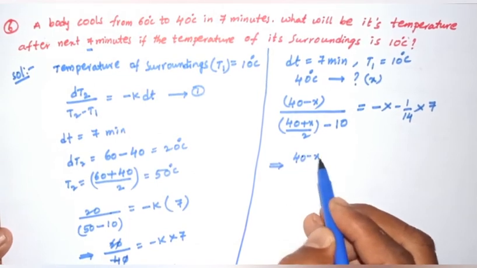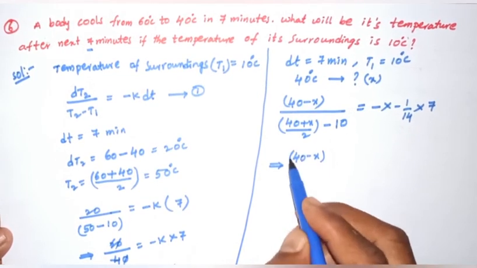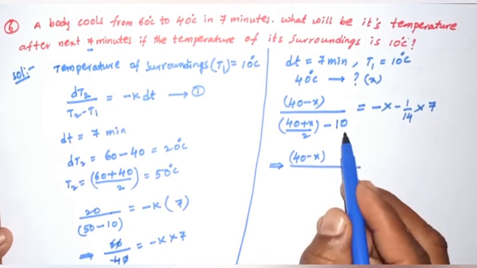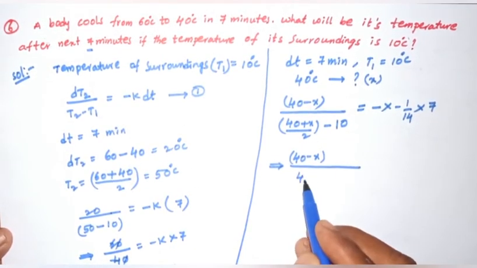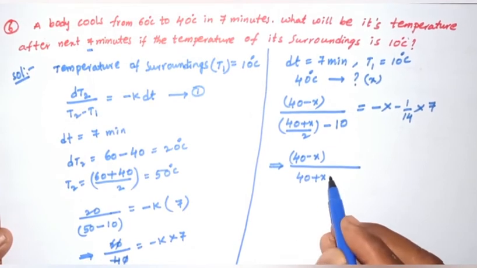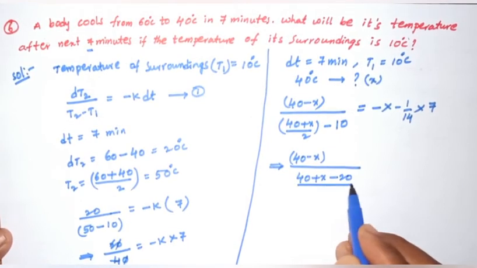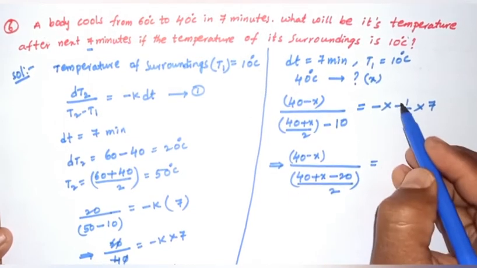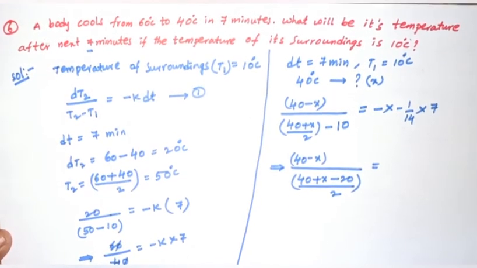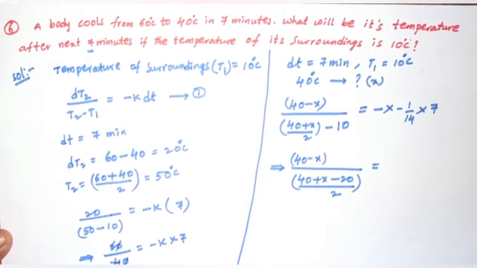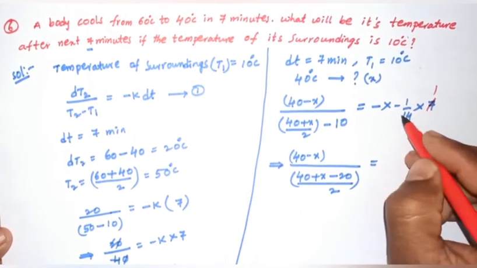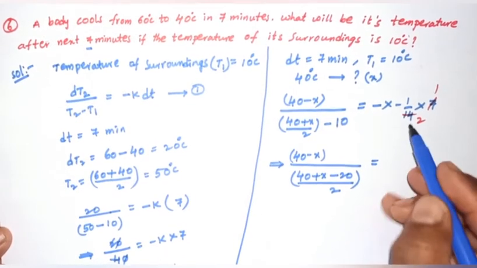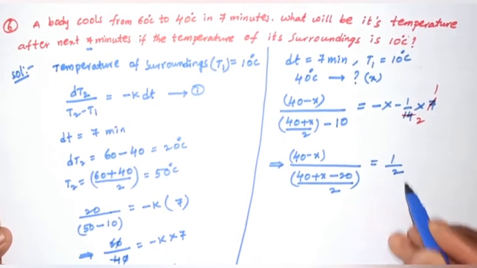So (40 minus X) divided by (40 plus X minus 20) by 2 equals minus into minus plus, 7 ones are 7, 7 twos are 14, that equals 1 by 2.